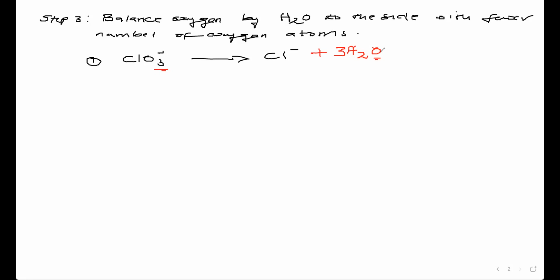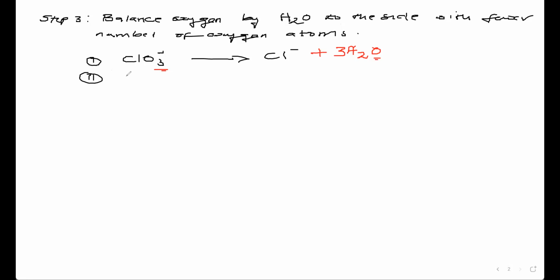By adding 3 water molecules, we are saying we've also added 3 oxygen, which is equal to the oxygen on the reactant side. So we proceed to the other reaction. No need for you to balance hydrogen at this stage. You just proceed to the other reaction once you balance oxygen in the first. That is for step number 3.